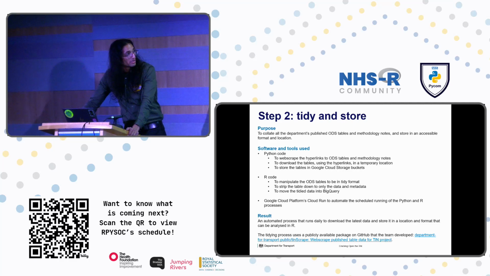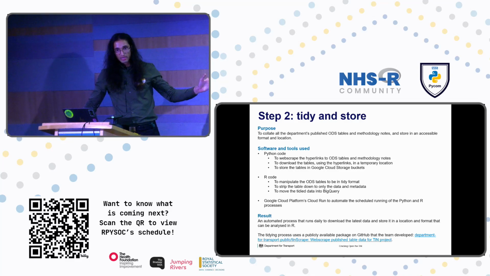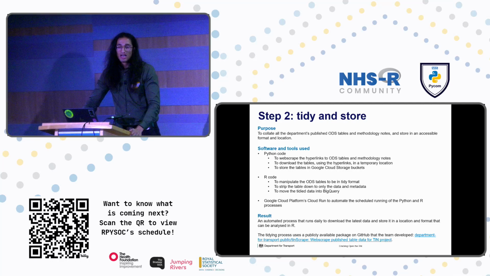The R code is there to, once the data is in Google Cloud Storage, clean the data, extract the information that we need, and transform it into a tidy format. And the good thing about the code we've developed is that it works for all the tables that we've published.